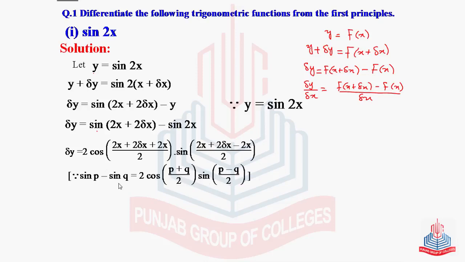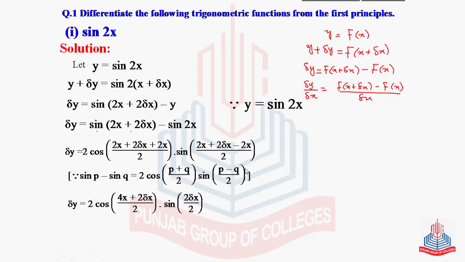So apply the formula here: sine p minus sine q is 2 cos of p plus q divided by 2, where p is 2x plus 2 delta x and q is this angle, into sine of p, which is 2x plus 2 delta x, minus q divided by 2. We can compare it with this basic formula.